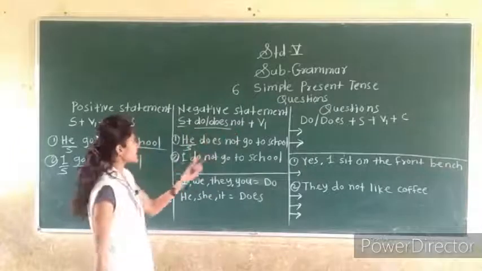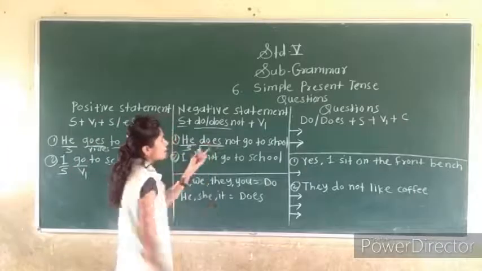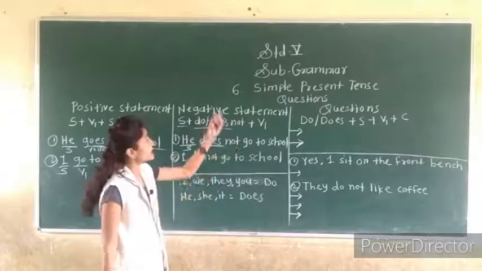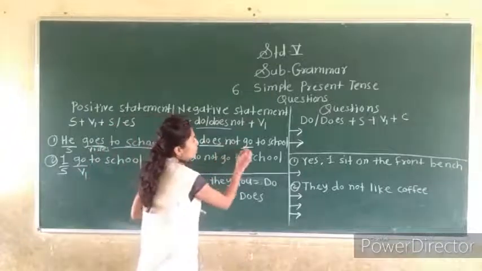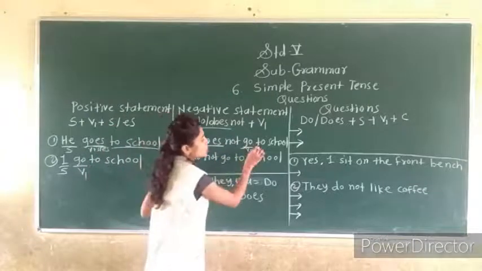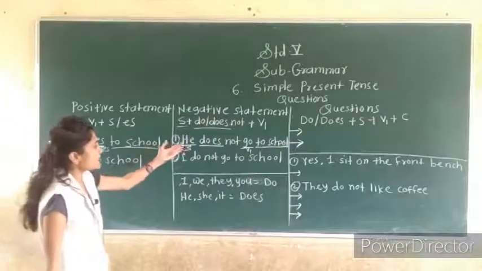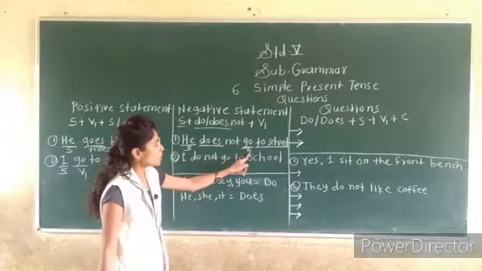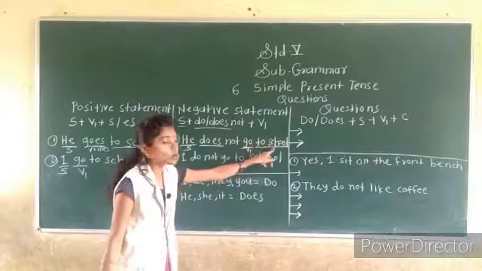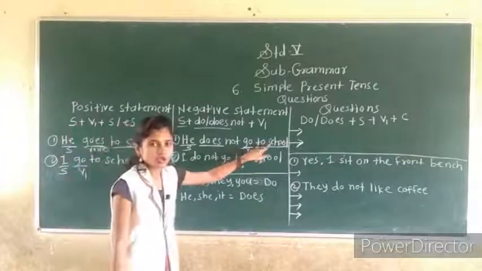Do or does. He is singular, so what do I use there? Does. After does it is the negative statement, so use not there. After that verb 1, go to school. School is the complement. So the formula: he, subject, does not plus verb 1 go to school, that is the complement. That is, he does not go to school.